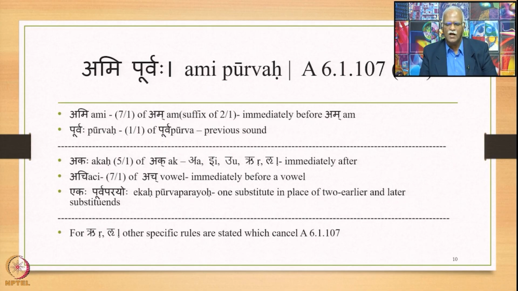So Ak captures the first 2 pratyaharas stated in the Pratyahara Sutra and the sounds stated therein, these 5 vowels. So akaha means immediately after these 5 vowels. Achi is 7/1 of ach, meaning a vowel, that is immediately before a vowel. And of course we have Ekah Purva Parayoho. So one substitute in place of 2 earlier and latter substituents.